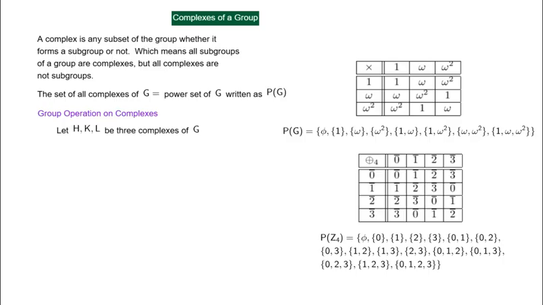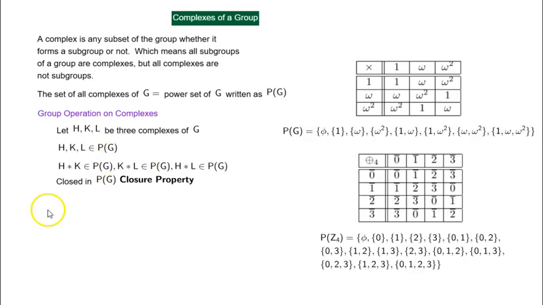So again, let's take H, K, L to be 3 complexes of G, which means H, K, L are in the power set of G. And now H times K is going to be in the power set of G. Similarly, K times L is going to be in the power set of G, and H times L is going to be in the power set of G. So here, when I use the star to represent the operation, I mean the appropriate group operation.